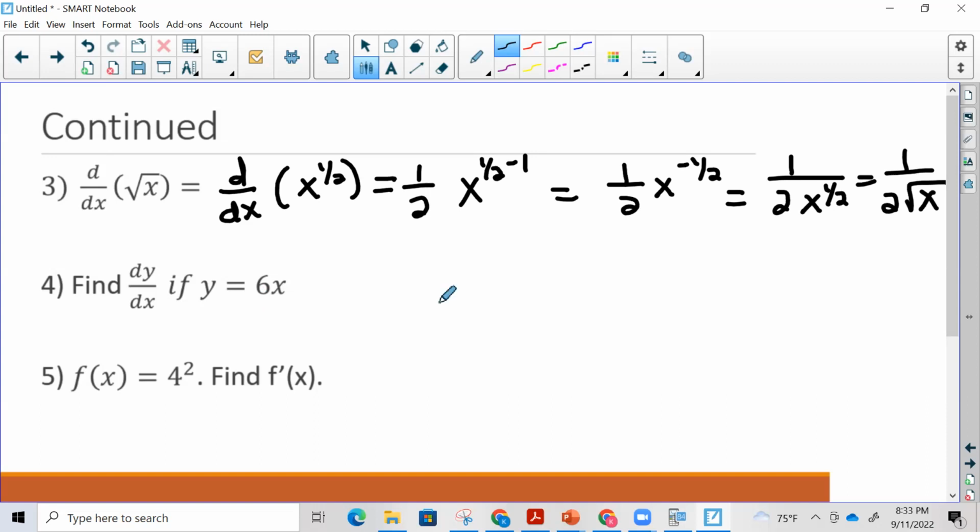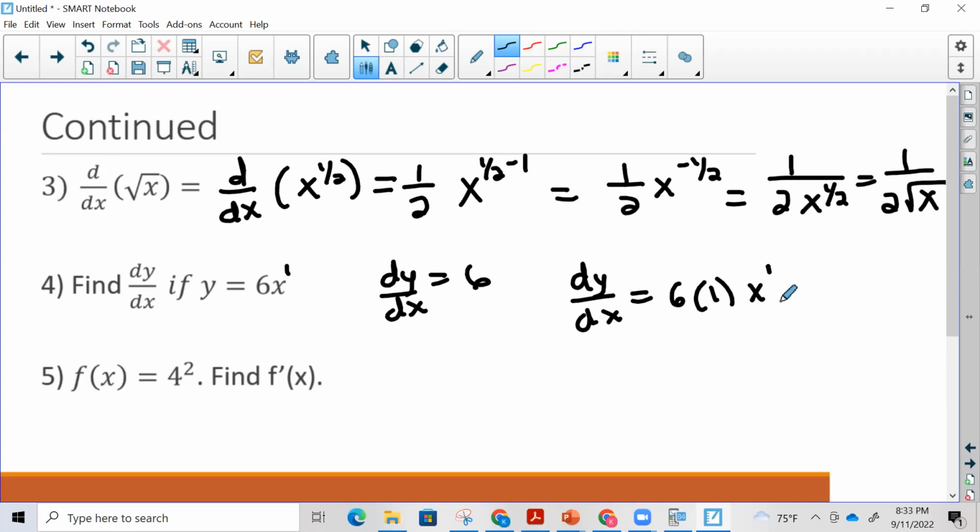Now, if we want to find dy dx of y equals 6x, you can either remember it's a linear function and the slope is 6, so the derivative is just 6, or you can still use the power rule. This is x to the first if we don't write it. So using the power rule, you leave the coefficient 6 in front, bring down the 1, multiply those, and then you have x to the 1 minus 1.